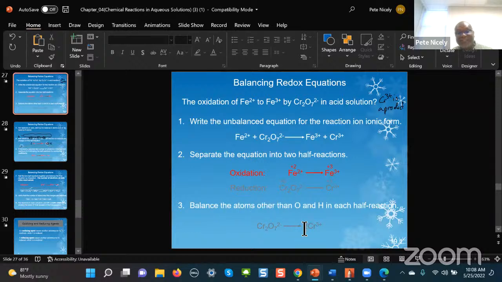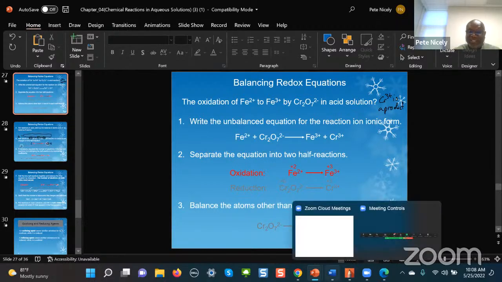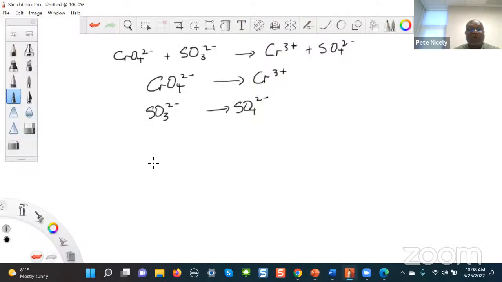I don't know how I missed it. I forgot to mention that if you have 2 chromium atoms on one side, we need to multiply the chromium on the other side by 2 to balance the chromium. Step number 3 says you need to balance atoms other than oxygen or hydrogen in each half equation.